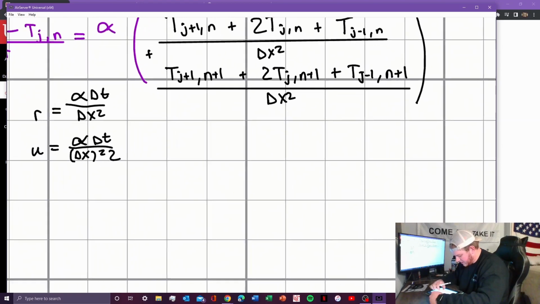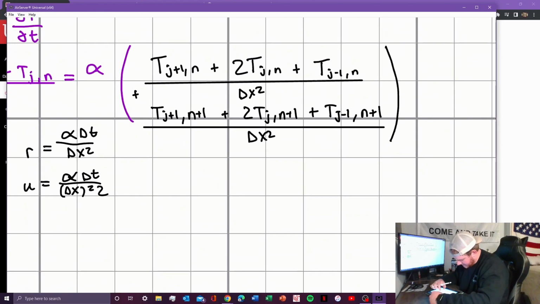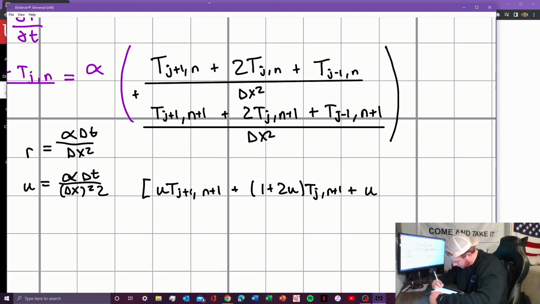And we can rewrite that as negative u T(j+1, n+1) plus 1 plus 2u T(j, n+1) minus u T(j-1, n+1).